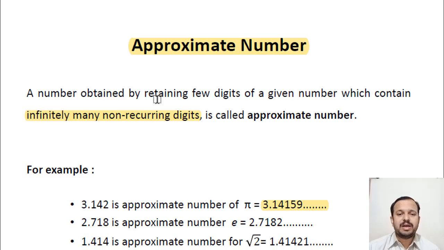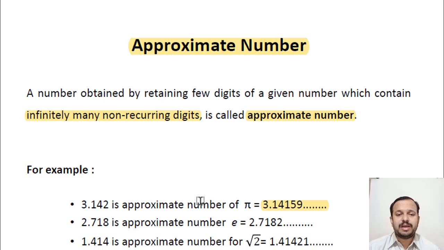We are retaining only a few digits of a given number, and that type of number, after retaining a few digits and ignoring the remaining digits, that number we are calling an approximate number.